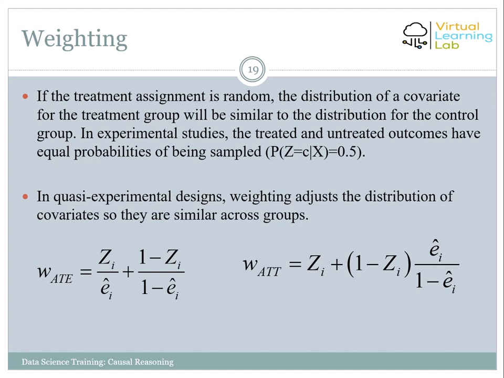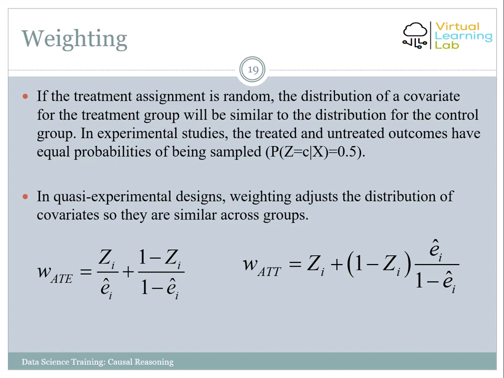As you can see in the formula, for those treated it is 1 over the propensity score, and for the untreated it is 1 over 1 minus the propensity score. So it's the inverse of the probability of receiving the condition the individual received. Now, for estimating the average treatment effect on the treated, treated individuals receive a weight of 1.